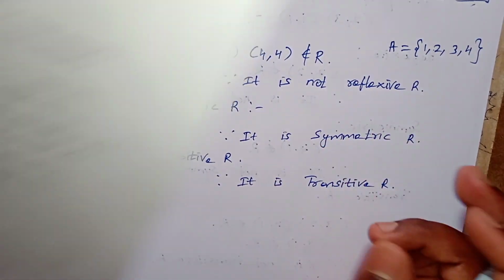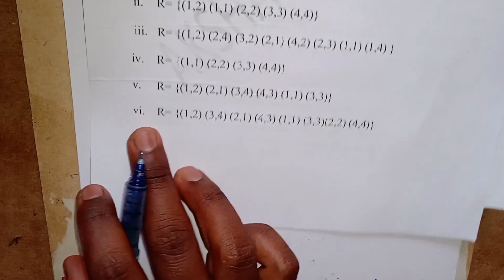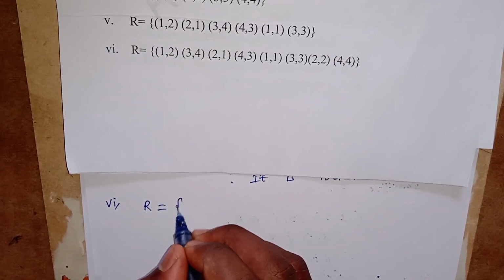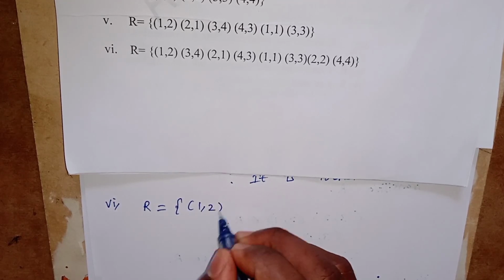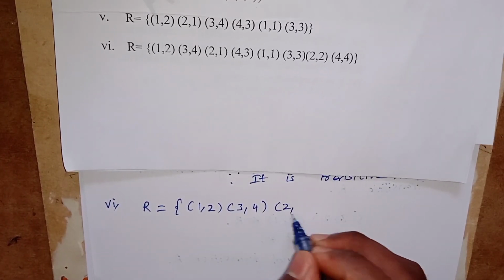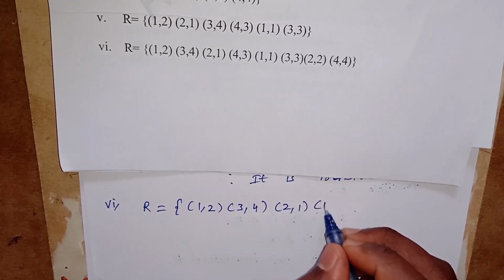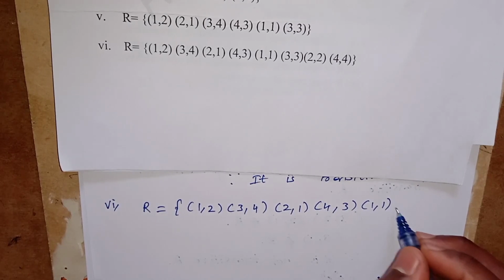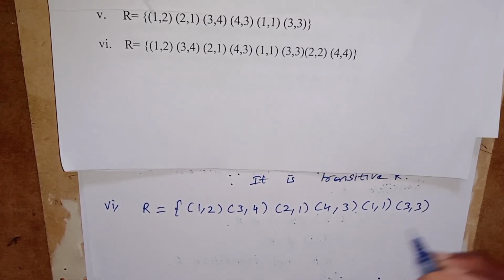Okay, next, subdivision 6. R equal to 1 comma 2, 3 comma 4, 2 comma 1, 4 comma 3, 1 comma 1, 3 comma 3.